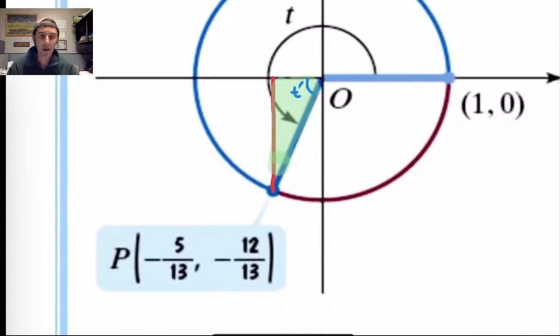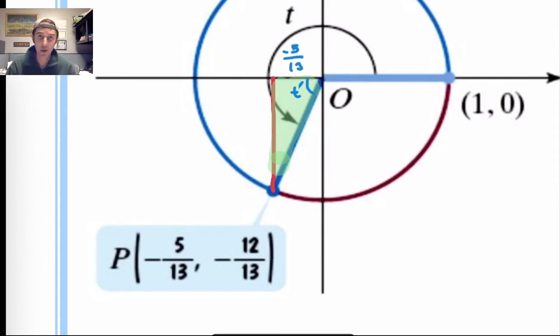Now I want to know, what are the side lengths of this very unusual triangle? Look at the coordinates of point P. The x-coordinate is negative 5/13, which means we've moved from the origin to the left 5/13, so I'm going to label that movement in the x direction as negative 5/13.